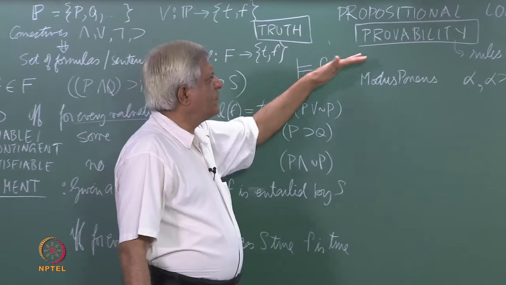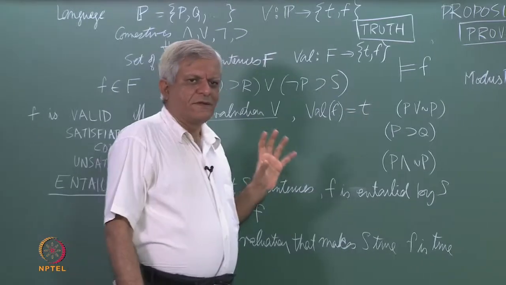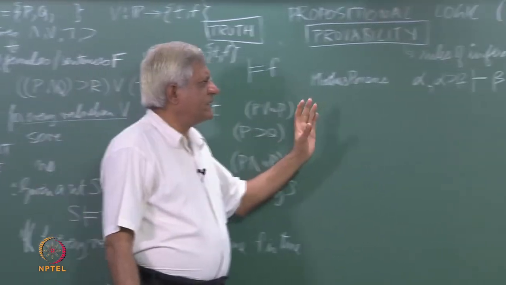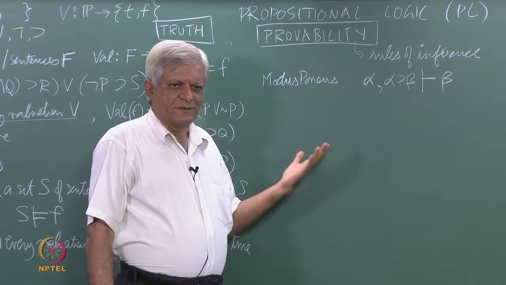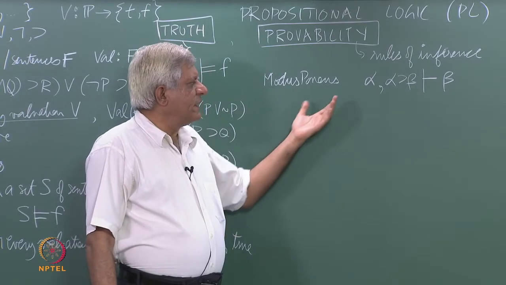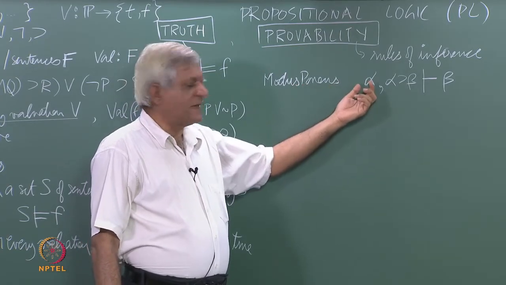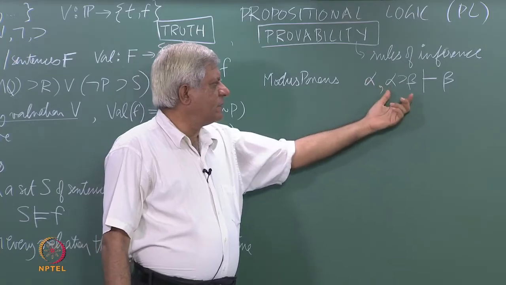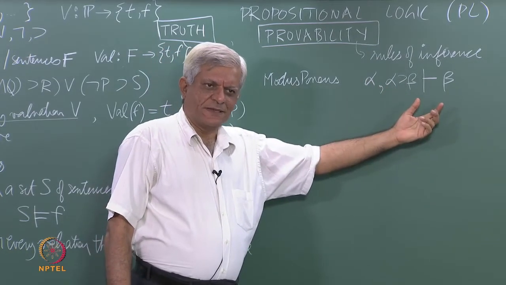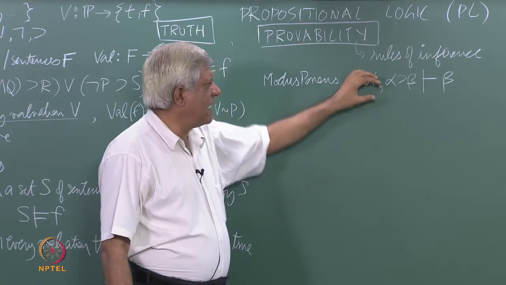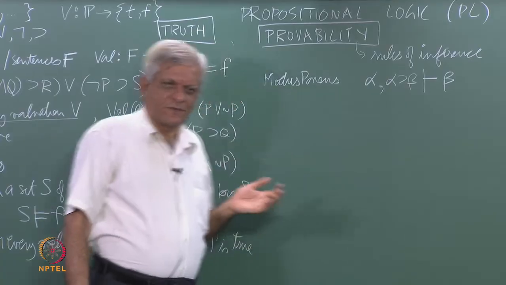So, the notion of proof is an entirely syntactic concept. It simply says that given a set of formulas, you can keep adding new formulas to the system, and this particular rule says that if you have a formula which matches alpha and if you have another formula which matches alpha implies beta, then you can add the formula which matches beta to the set essentially. This alpha and beta could be arbitrarily compound formulae, they do not have to be atomic formulas essentially.